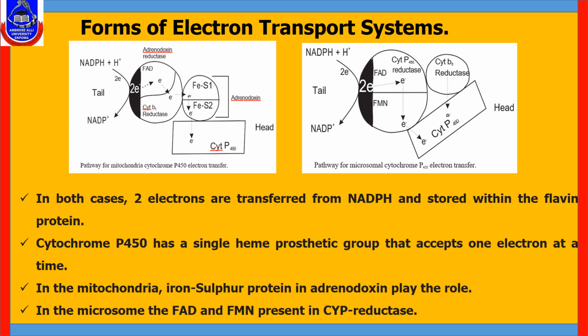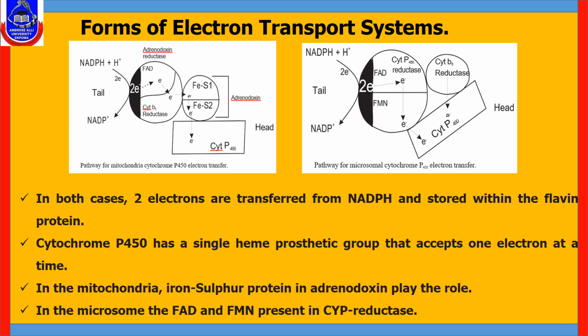Now we can do a comparison of the two structures. First, in both cases, two electrons are transferred from NADPH and stored within the flavin protein. Cytochrome P450 has a single heme prosthetic group that accepts electrons one at a time.